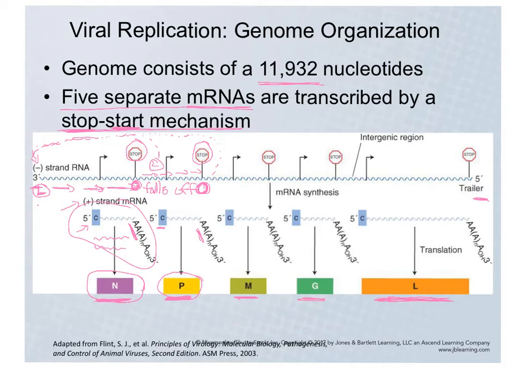What this means is that members of this order of viruses produce different levels of each messenger RNA within infected cells. We say that there is a polarity of transcription.